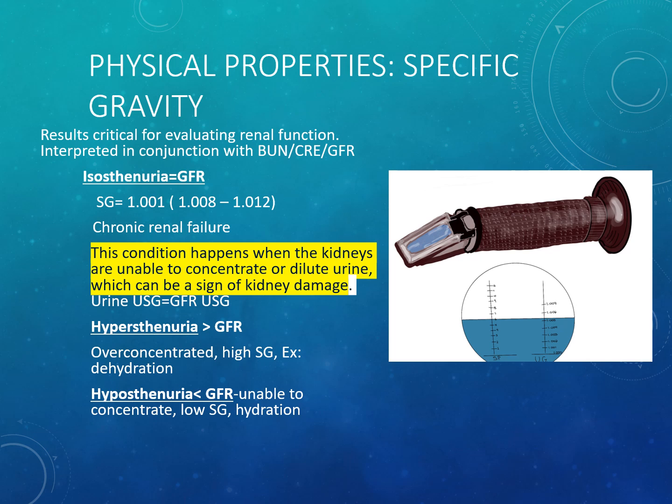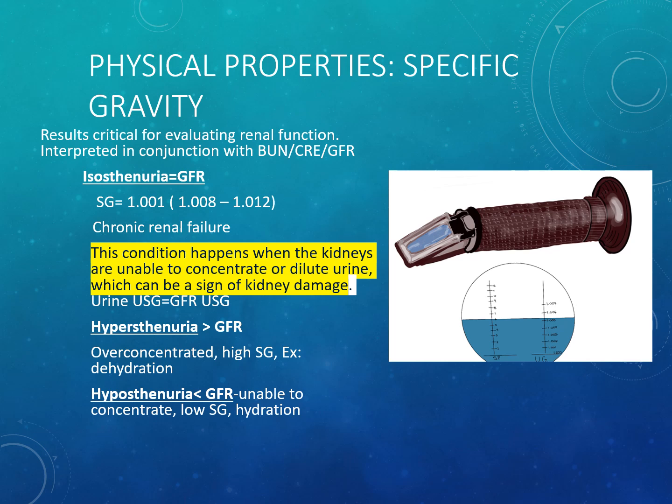The specific gravity of that filtrate ranges from 1.008 to 1.012. Any measurement below this range indicates hydration, and any measurement above it indicates relative dehydration. So normal urine can be hyposthenuric, isosthenuric, or hypersthenuric, depending on its specific gravity relative to the specific gravity of the filtrate.